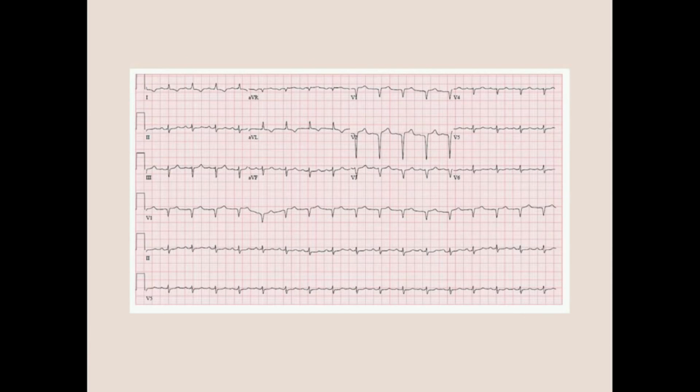Because decreased QRS voltage can be from a lot of things. But this is just another thing that you can expect in a patient with restrictive cardiomyopathy. This patient does not appear to have atrial fibrillation, so they won't be needing digoxin and warfarin.